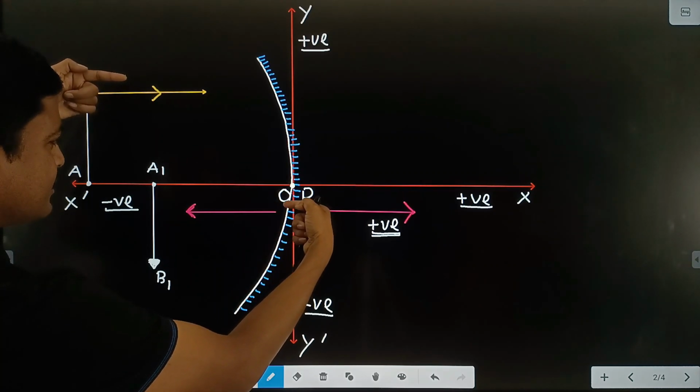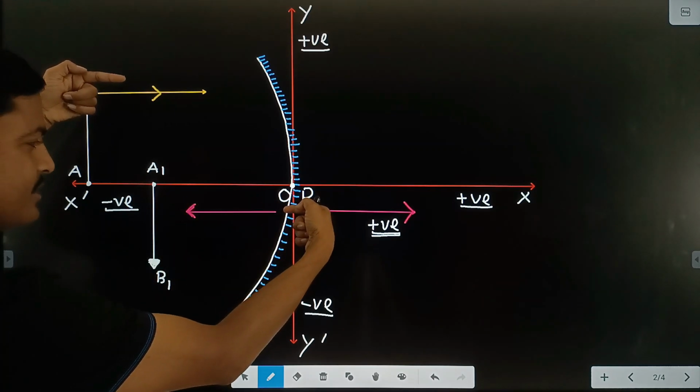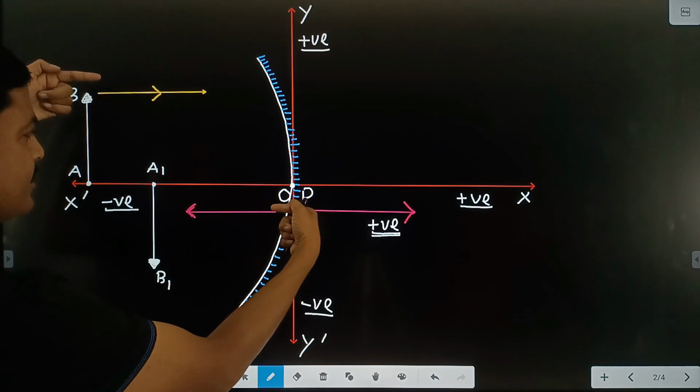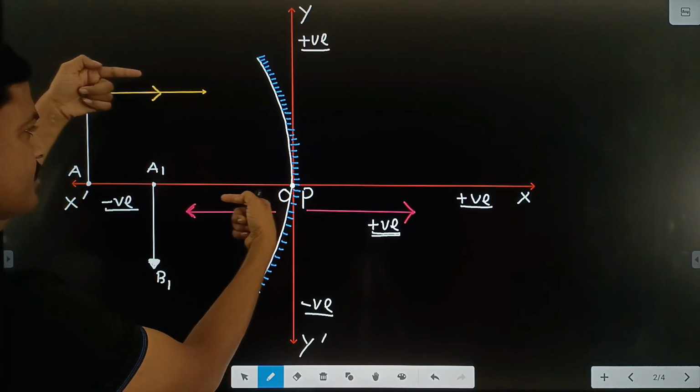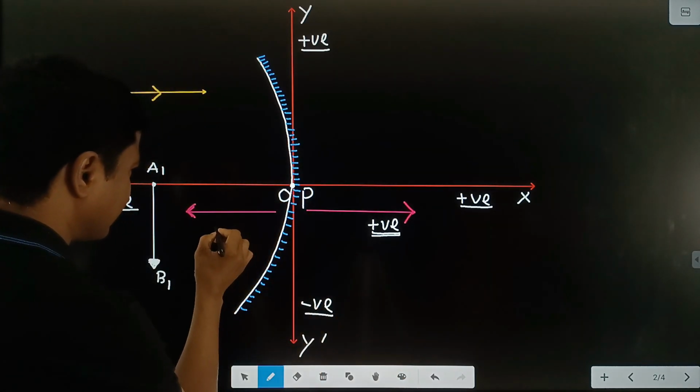Clear? Here both are in opposite directions. If both are in opposite directions, the sign is negative.